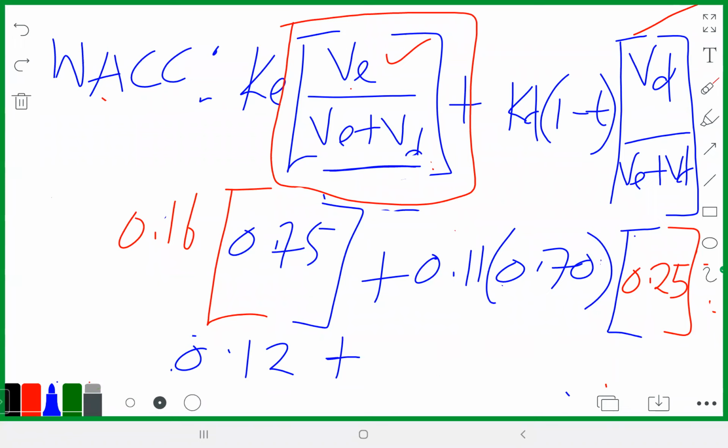What do we get? 0.11 times 0.70 is 0.077. Are we all finding the same? Yes. Okay, so multiply that by 0.25.